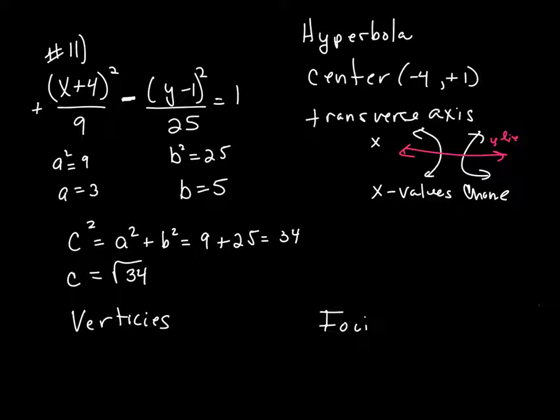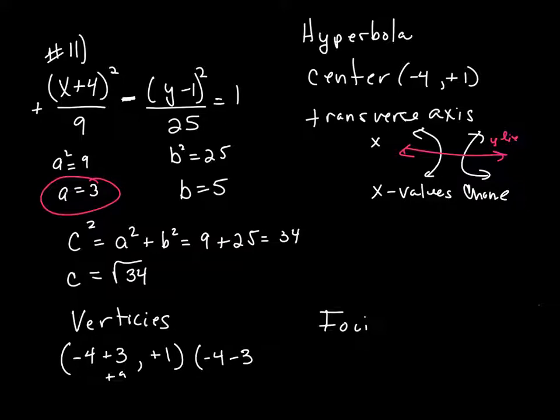So to find the vertices, I take the center, which is -4, and I add A to it for the first one. The y value stays the same, +1. The next vertex is going to be the same thing: it's going to be -4, only this time I subtract A from it. Again, A was equal to 3.